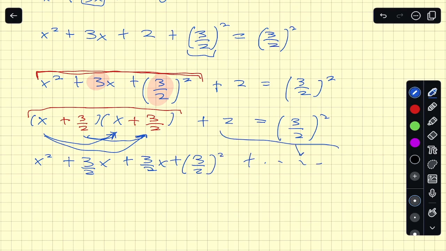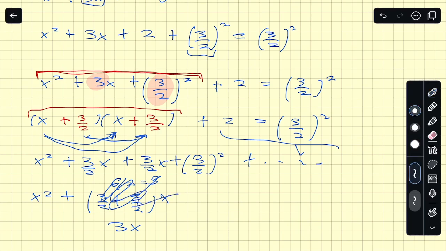Then if I write that, x squared plus 3 over 2 plus 3 over 2, both times x, is just 3x. 3 over 2 plus 3 over 2, both times x, is 6 over 2, which is equal to 3. So 3x.